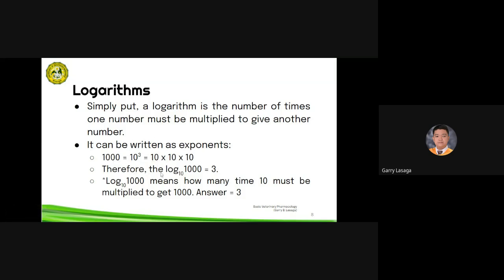So therefore, the log base 10 of 1,000 is equal to 3, because the 3 here will indicate how many times 10 will be multiplied in order to come up with 1,000.